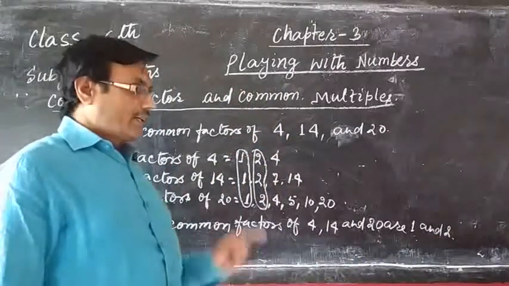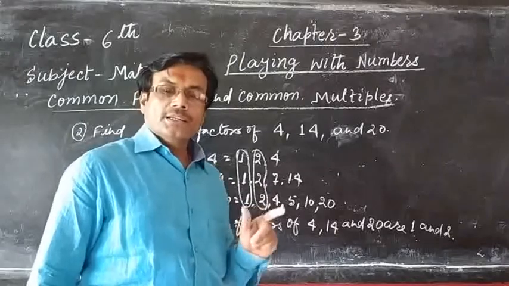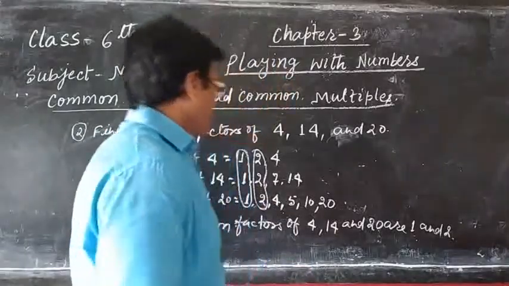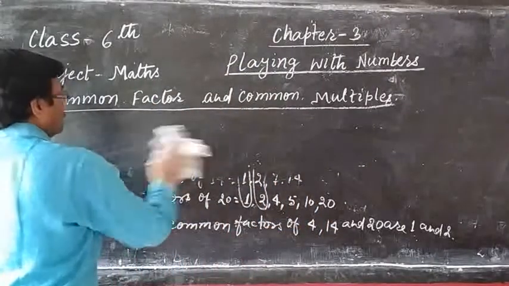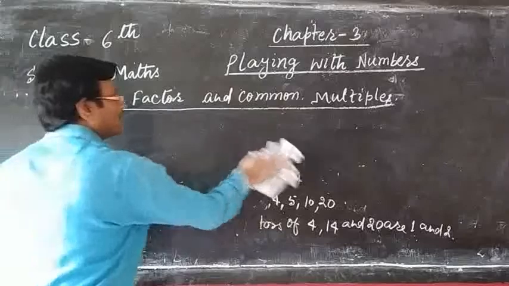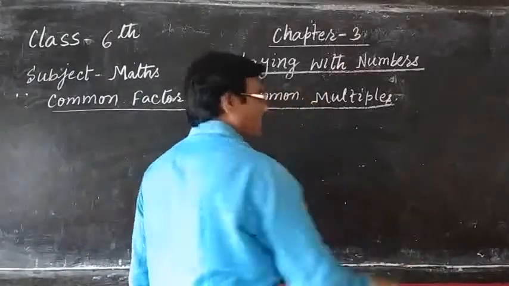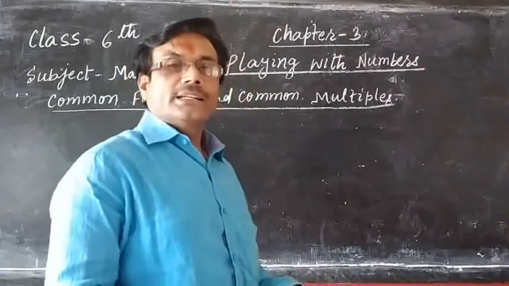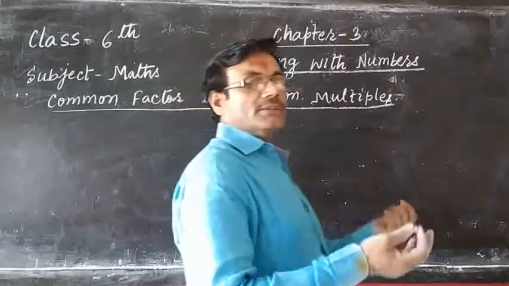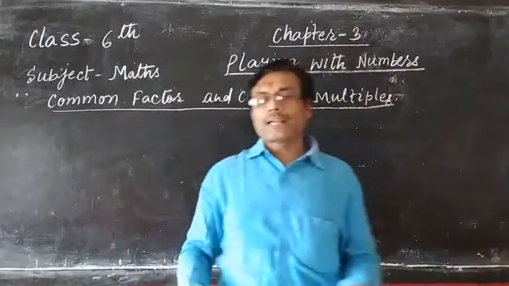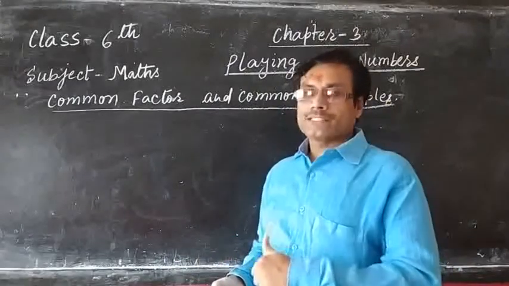So children, now we will have to learn about common multiples. So you know that multiples are unlimited. We cannot make a limit of multiples like factors. फैक्टर्स क्या होते हैं? वो निश्चित होते हैं और इसमें कॉमन निकालना इजी होता है, बट मल्टीपल्स में हम किसी भी नंबर को जब दूसरे नंबरों से मल्टीप्लाई करते जाते हैं, देन द नेक्स्ट मल्टीपल कम्स.